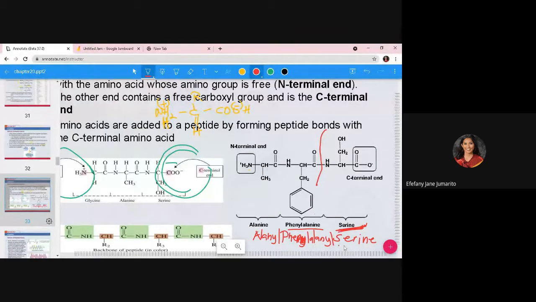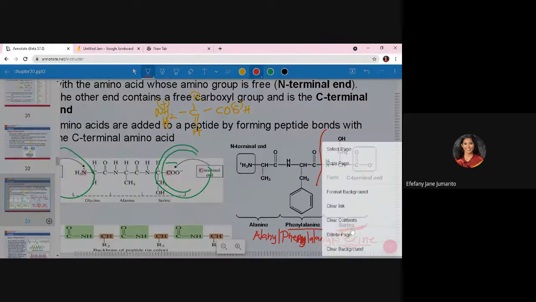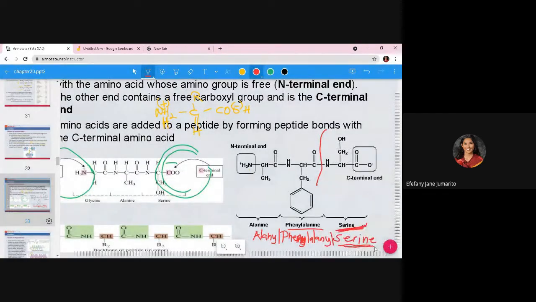So only the C-terminal end will have the complete name. The N-terminal end and the backbone will have the YL ending. Like this one: alanyl phenylalanyl serine. So this tripeptide, what's the name of this tripeptide?